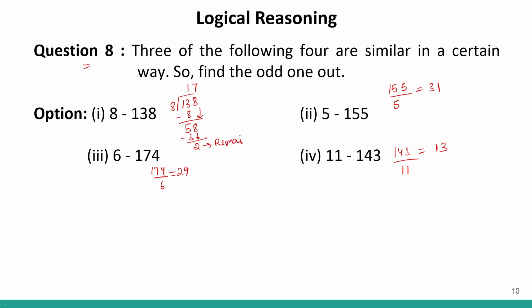So if I'm getting 2 as the remainder, that means it is not completely divisible by 8. In each of these cases, the second number was divisible by the first number, correct? This is divisible by 5, this is divisible by 11, and this is divisible by 6. But in option number 1, the number is not completely divisible. Therefore, option number 1 is the odd one out.